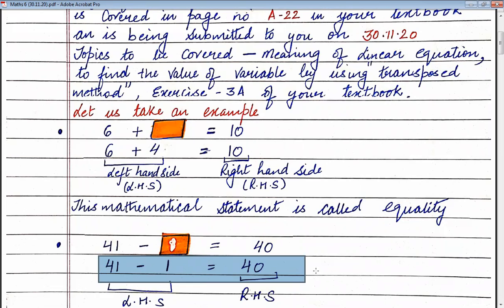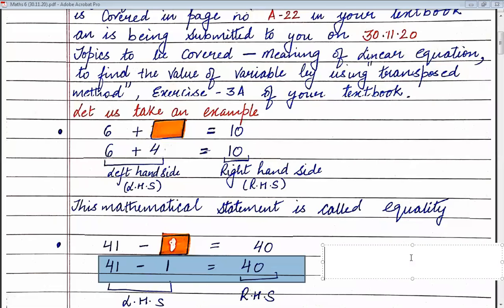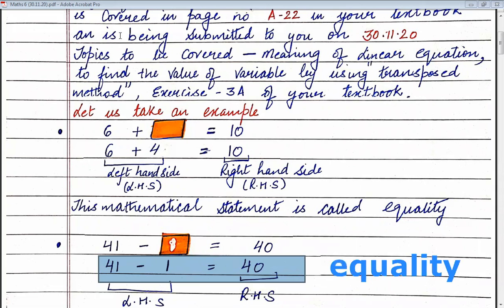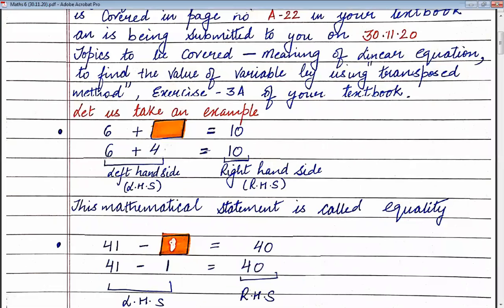So again, this is an equality. Children, can you say that this statement is an equality? Why will you say this is an equality? Because of the equal to sign, because the two expressions are equal. Now children, can you tell me which one is your left hand side and which one is your right hand side?